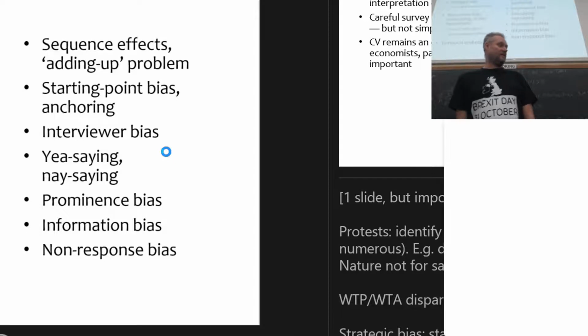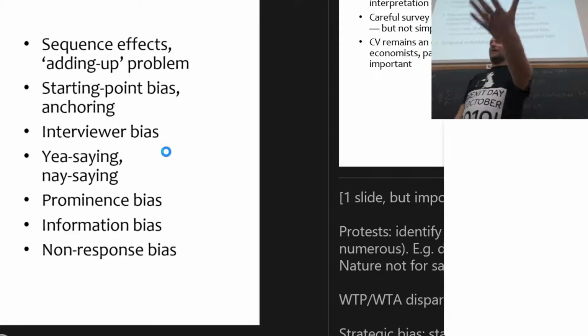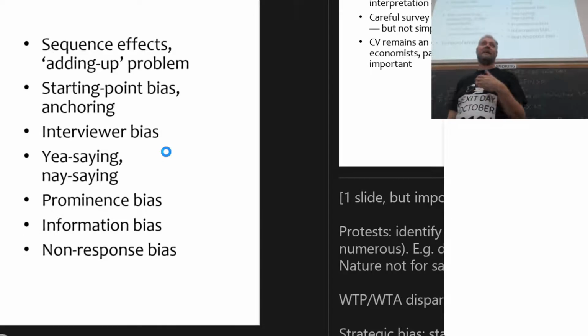There was a study about the value of the Baltic Sea, or how much people thought should be paid towards cleaning up the Baltic Sea, and they interviewed Lithuanians in Lithuania, and they were quite happy to pay, and they interviewed Poles in Poland, and they were quite happy to pay, and then they interviewed Lithuanians in Poland, and they were not prepared to pay.